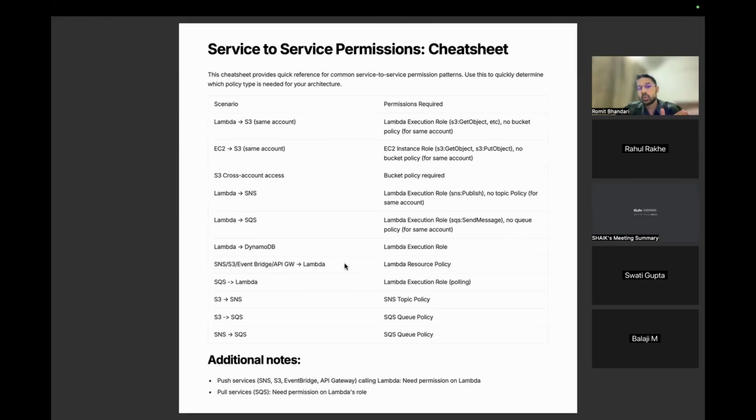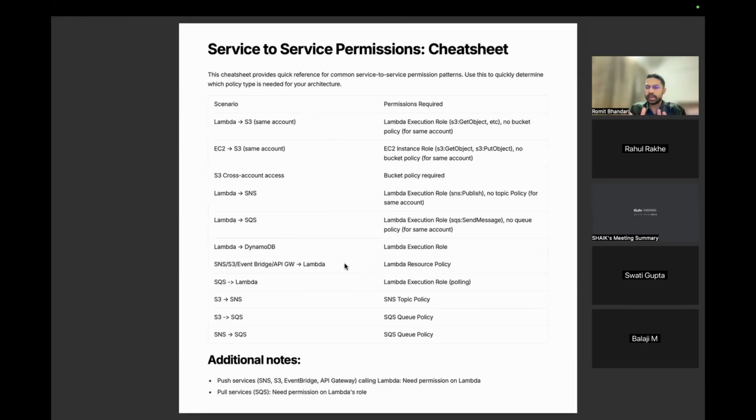So if Lambda is trying to access SNS, or call SNS, then you need again a Lambda execution role, no topic policy for the same account. So the second resource which is getting accessed in the same account, generally you don't need a specific topic policy for that. For SNS we call it the topic policy because it's a pub sub model.